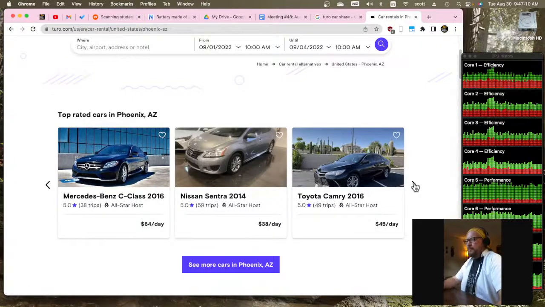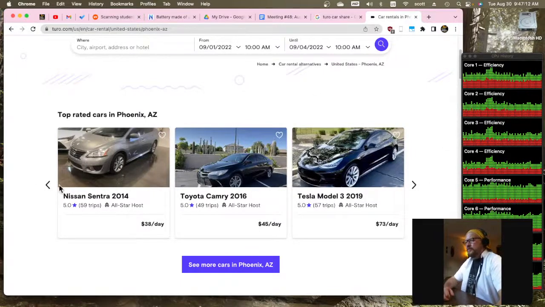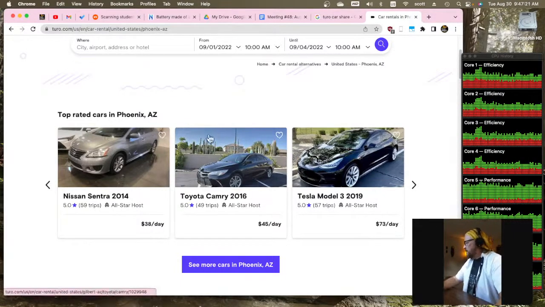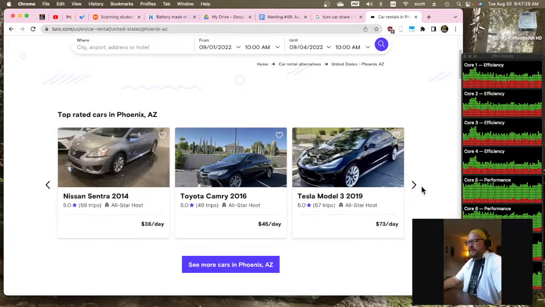Yeah, it makes sense to me. We really do live in a world where the whole sharing thing is a thing. We share everything, so it's not surprising that we would be doing this as well.